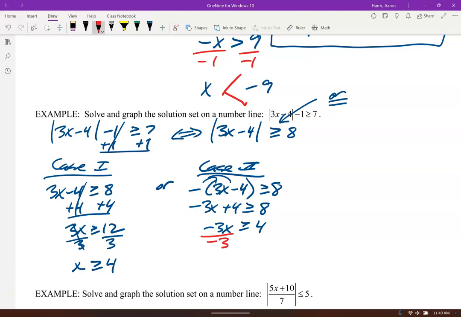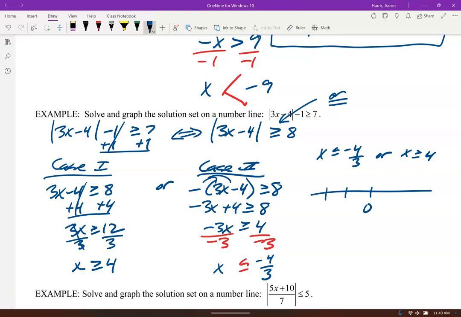Now I divide by a negative. Don't forget, that's going to switch that thing. So we're greater than or equal to 4, or less than or equal to -4 thirds. So I'm going to write it less than or equal to -4 thirds, or greater than or equal to 4.